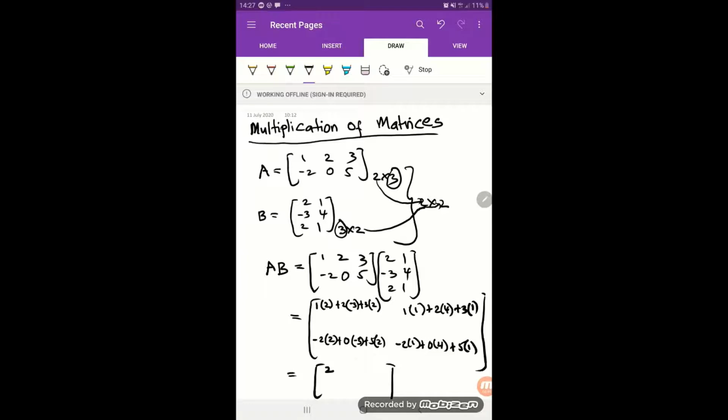The answer is 12. Negative 4 plus 0 plus 10. The answer is 6. Negative 2 plus 0 plus 5. The answer is 3. This is the answer of the product of matrix A and matrix B. The answer is in order 2 times 2.